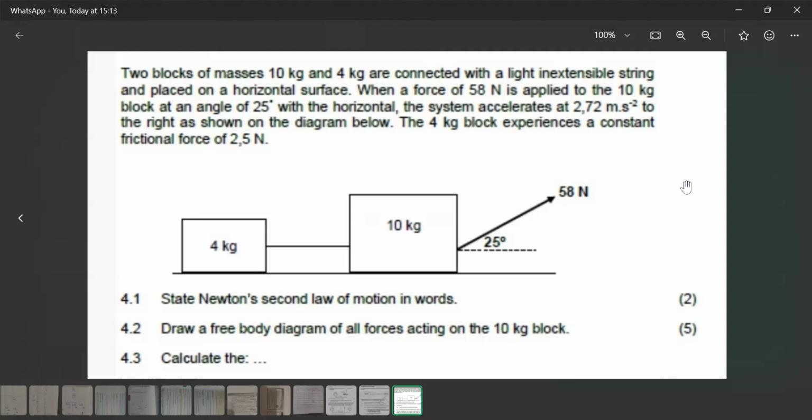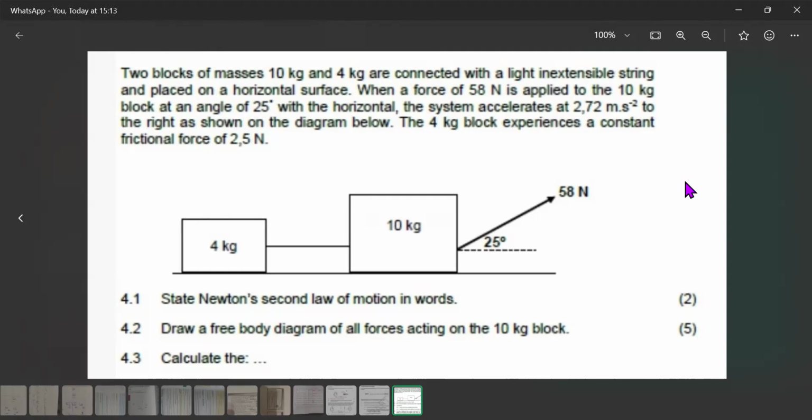So we just need to choose one of these two blocks. Well, we don't really choose any. We choose the block which we are given the most information about. And in this case, it's going to be the 4 kg block. Why do we say it's the 4 kg block?